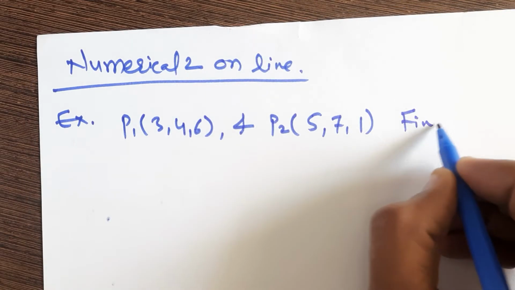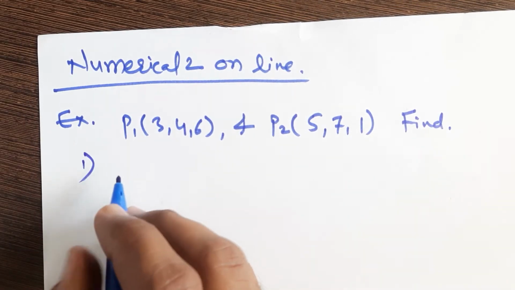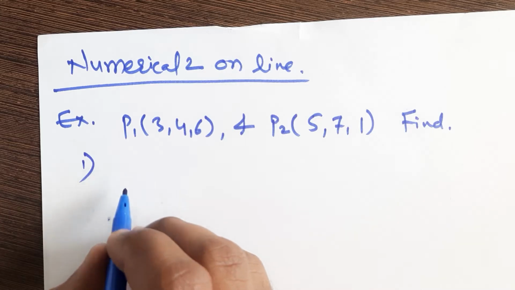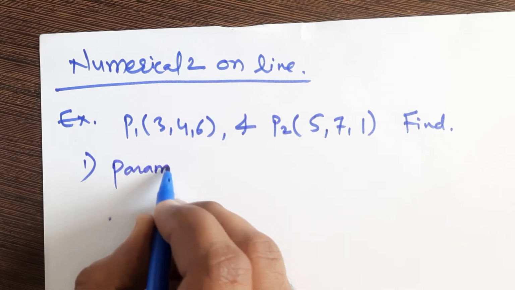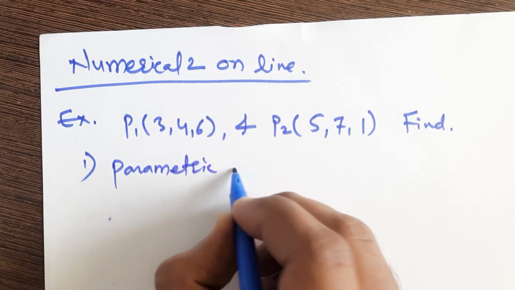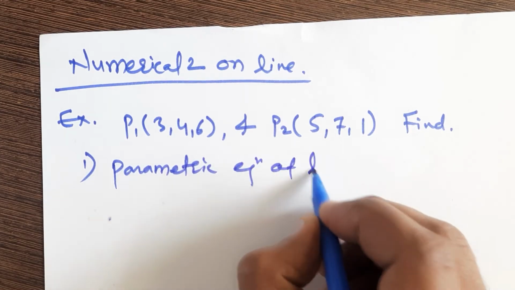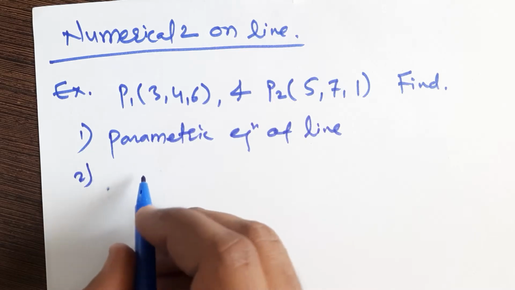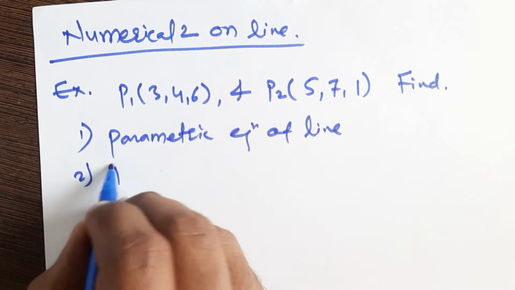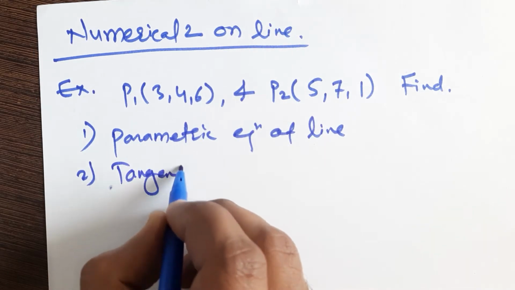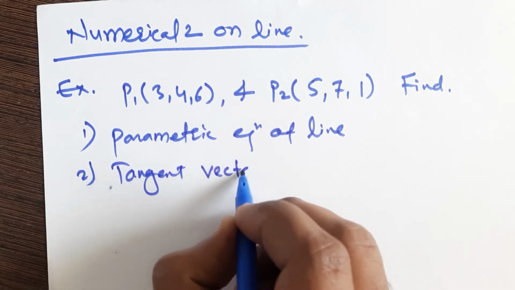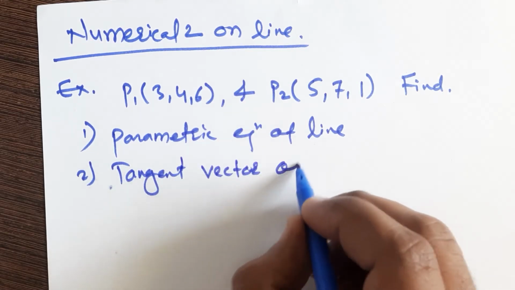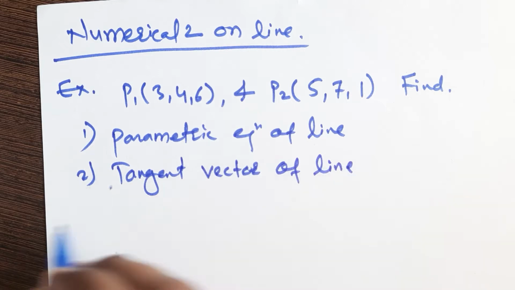Find number 1, the parametric equation of line. Number 2, the tangent vector of the line.